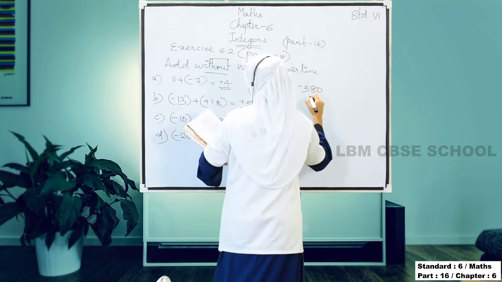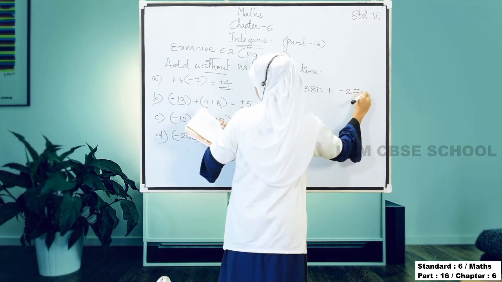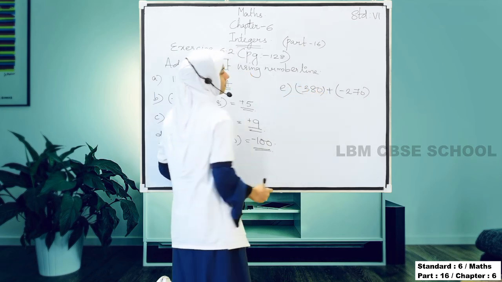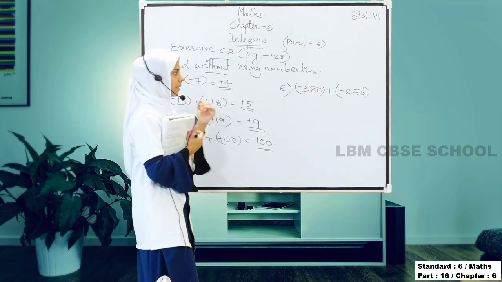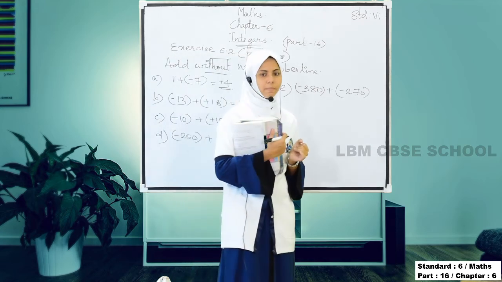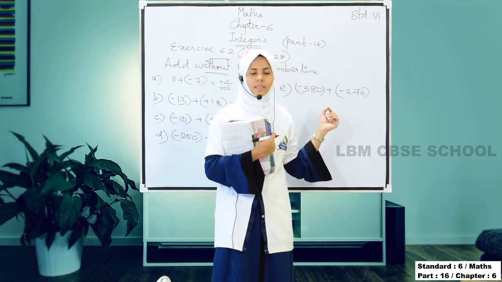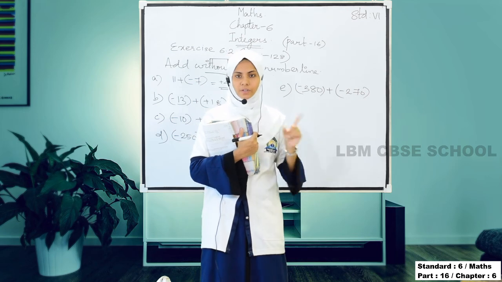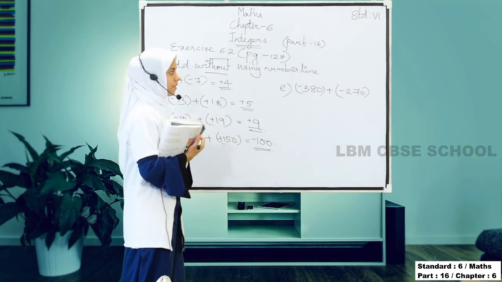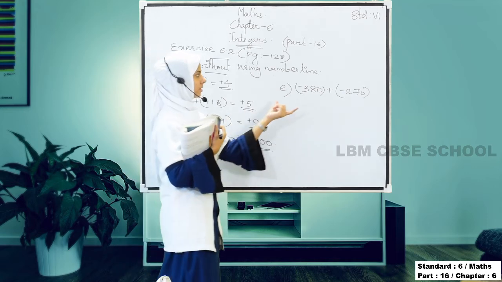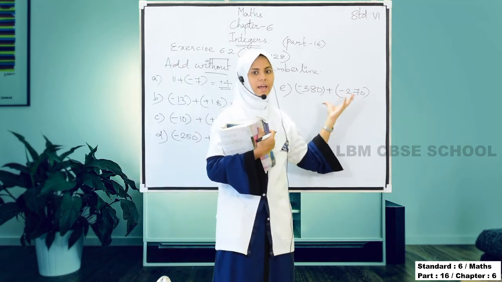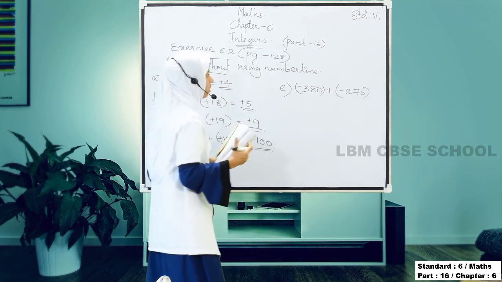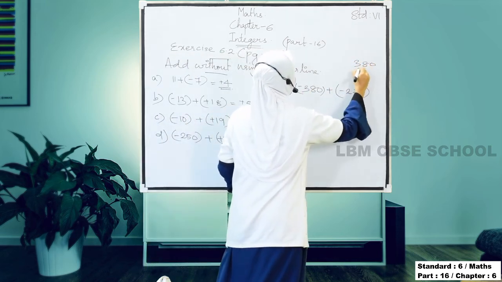Minus 380 plus minus 270. In the previous class we studied that when we add two negative numbers, we have to add those two numbers and put the negative sign. If we add two negative numbers, what should we do? We add both numbers and give the negative sign to the answer. So here we have to add 380 and 270.